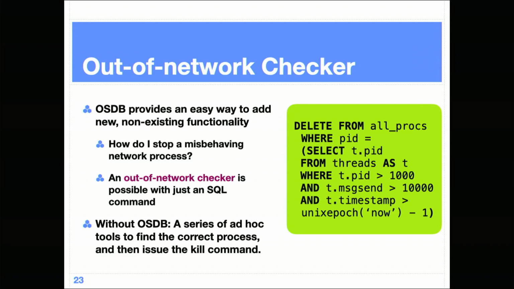But how do I get to the thing and make it quit? How do I get it to stop so I can actually log in with SSH? Well, if you have this thing running on your server, then it will do that for you. It will kill a process that has used up too much network bandwidth. And that's why we see message send here. And 10,000 messages is not a lot, but again, in research, I don't have to actually have a production system.